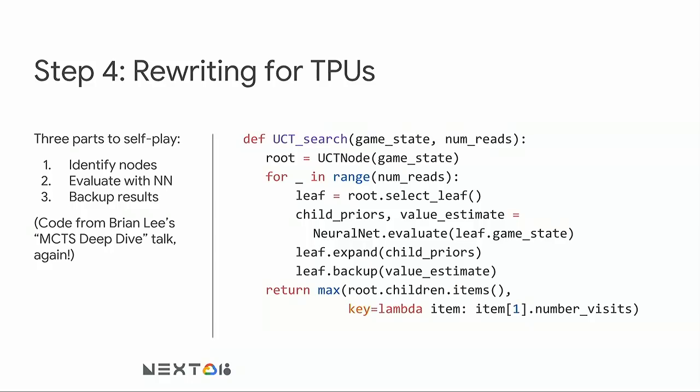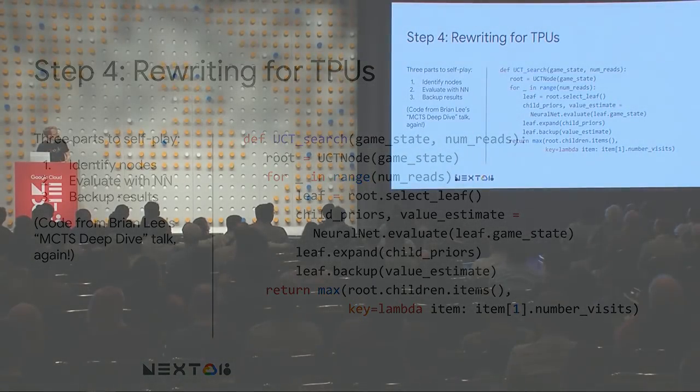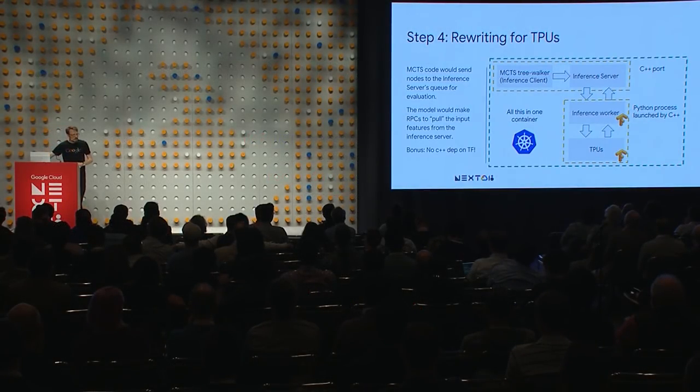And so this was the part, the engine that would do this rapidly, that we needed to rewrite. So that's what it looks like on a single-threaded version. This is pretty close to what the Python code actually looks like in Minigo today. And so rewriting it for TPUs involved breaking this out into a multi-threaded version.